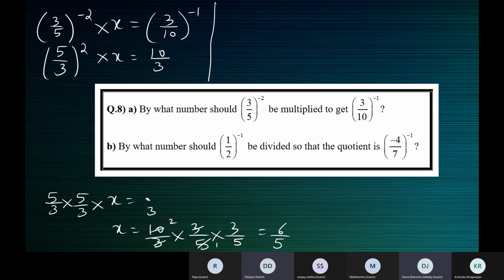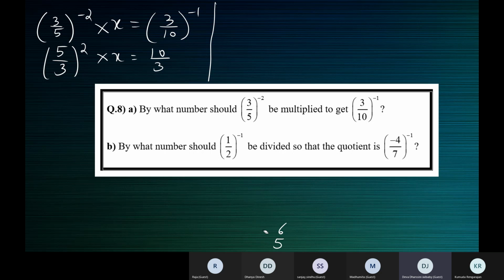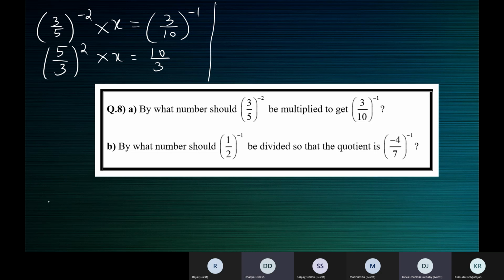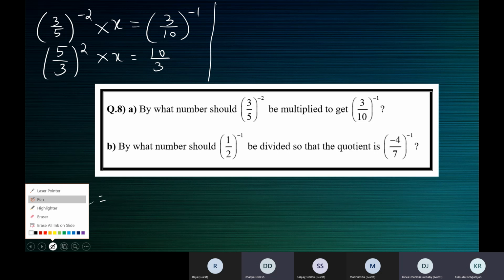So x is equal to 9 by 20. Here, 25 by 9, and we directly reciprocate. So 10 by 3. Okay.